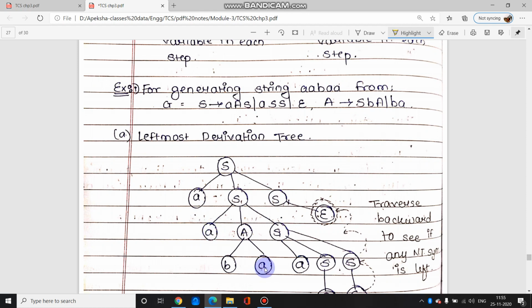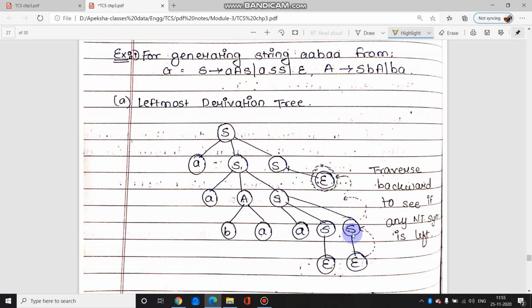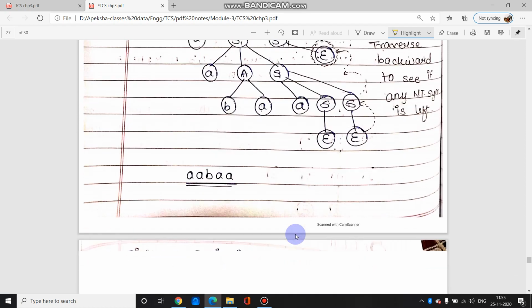So A, B, A आ गया. अभी एक और A बाकी है. So because एक A बाकी है, so we are taking over here S as A, S because वहाँ से S is giving epsilon but A is not giving any epsilon. So we have taken A, S because S is giving epsilon's values. So we have got A, B, A from the left derivation.